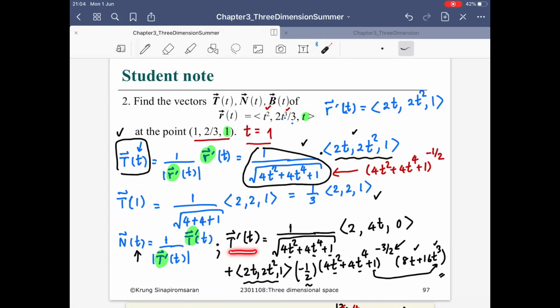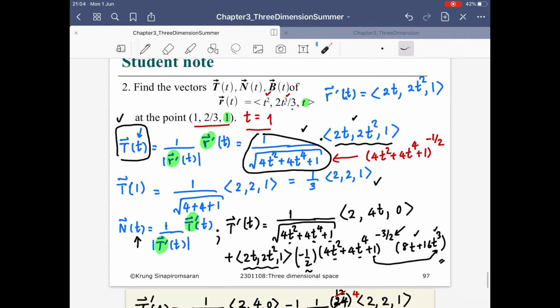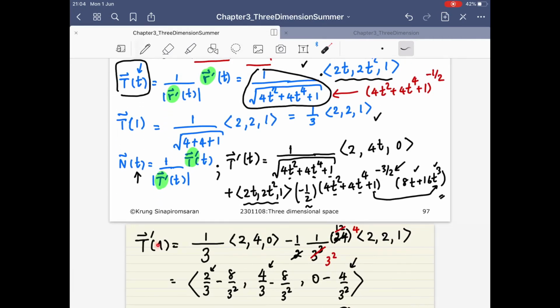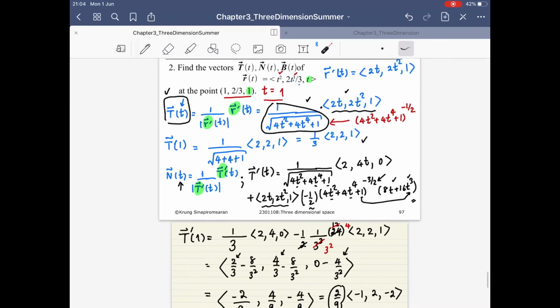And to calculate the capital T prime, please use the product rule. So this is the first derivative of the second, and then the second derivative of the first, and don't combine as a general t. You immediately replace your small t by the one that you really need to calculate.